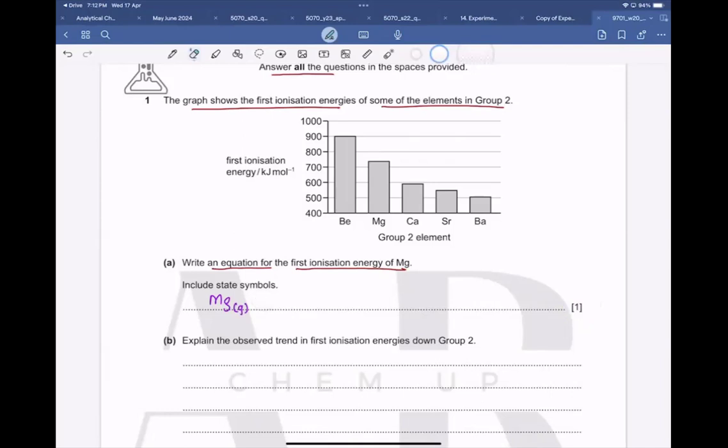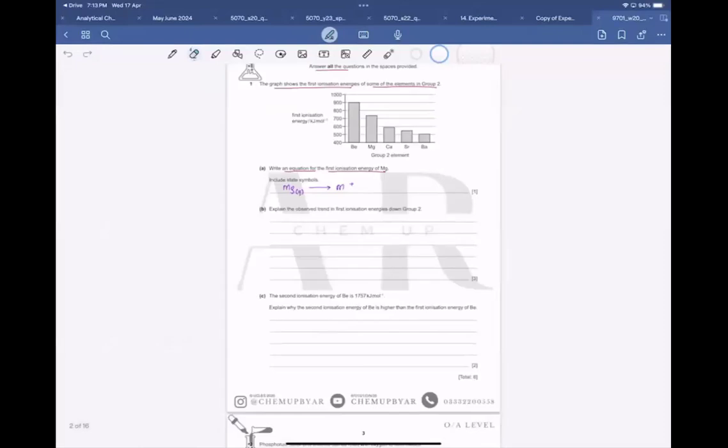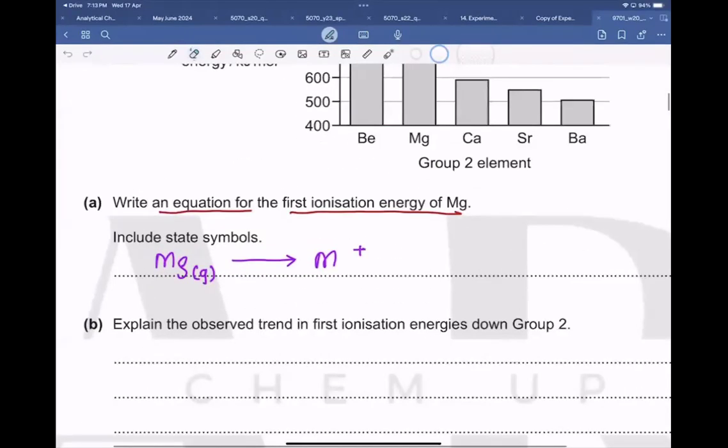So in a gaseous state, then arrow, it will form magnesium plus 1 gaseous ion because the ionization energy is the energy needed to remove 1 mole of electron from 1 mole of gaseous atom. So when 1 mole of gaseous atoms releases 1 mole of electron, each gaseous atom becomes a gaseous ion with a 1 plus charge.